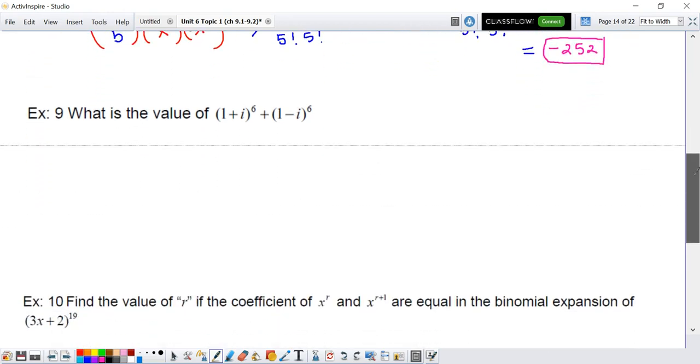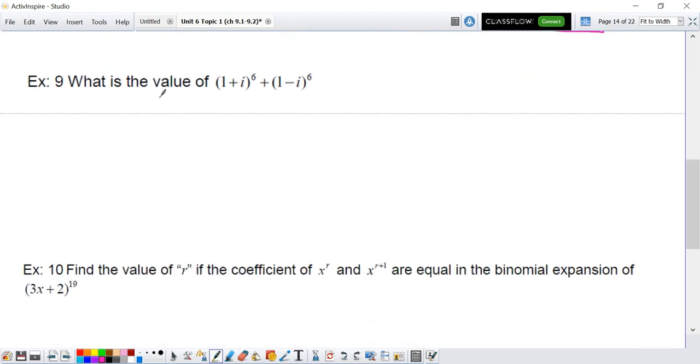Okay, so another interesting problem. What's the value of this, where I is the imaginary unit? So you have to expand and you have to add. So let's do it. 1 plus I to the sixth power. Okay, so 6th power means 7 terms, and you can check the coefficients from Pascal's triangle.